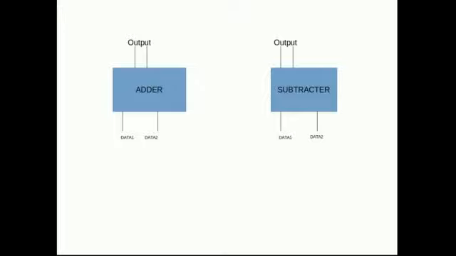Similarly, a subtractor would be another circuit or another machine in the room, and if somebody needs to perform addition, they have to be at a certain place by the machine, which was the adder, and if they want to do the subtraction, then they need to go to the subtractor, and presumably they would be getting a register, a hard copy register, where all the instructions of all the operations that needed to be performed for that particular day would be written.